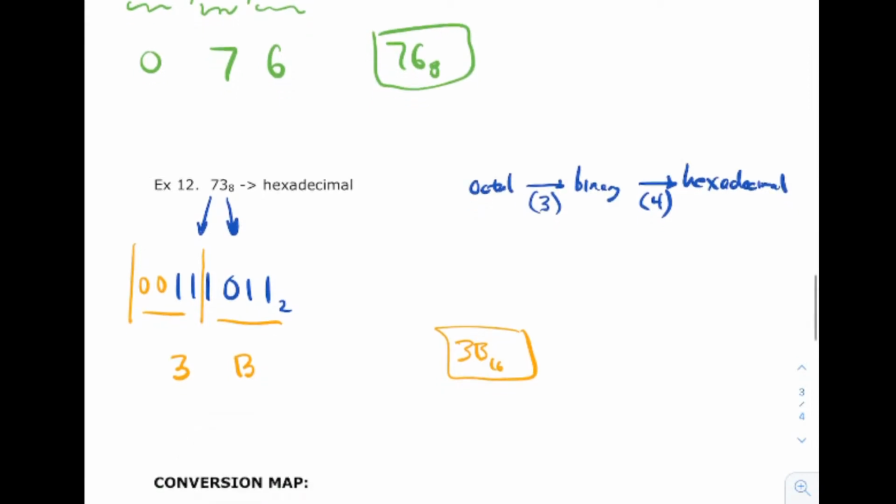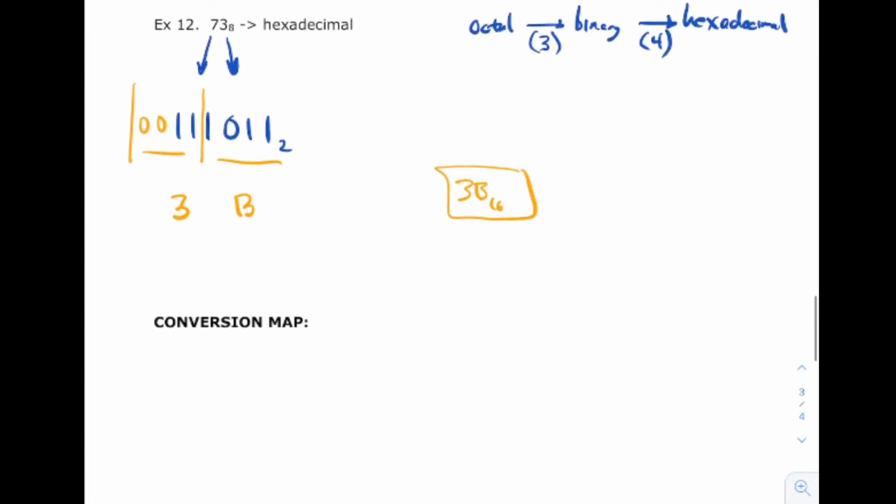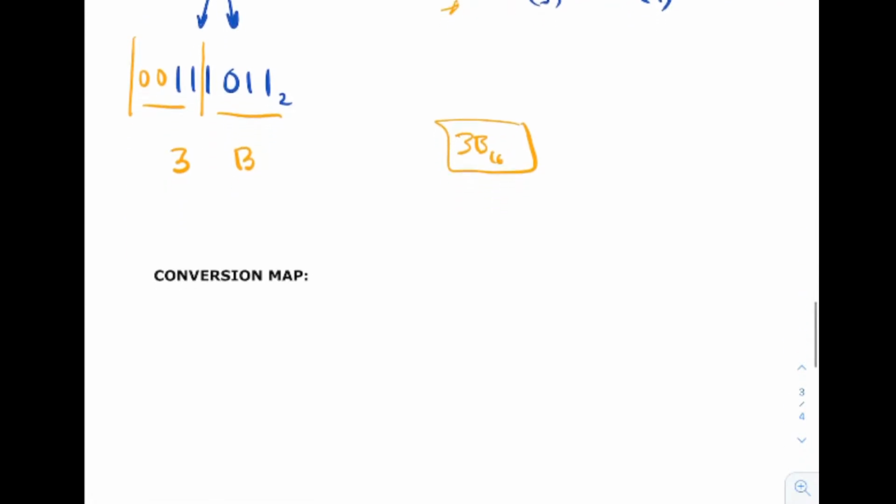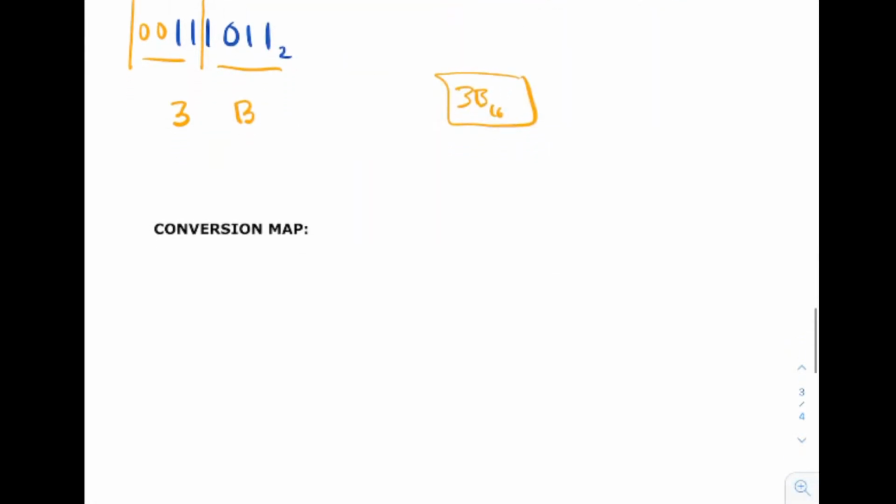Okay, so now I just have this little conversion map. So it's kind of like what I wrote here, except let's be a little more official about that. So I'm going to put binary right in the middle, because sometimes we go through binary to get to something else. So we know that we have shortcuts that we can take to go back and forth from binary to octal, right?